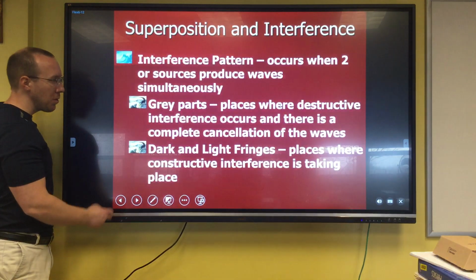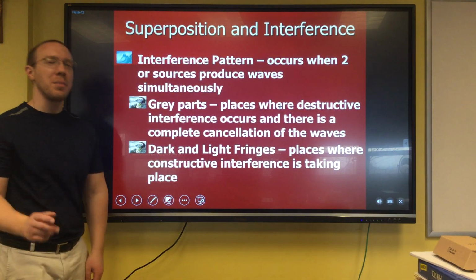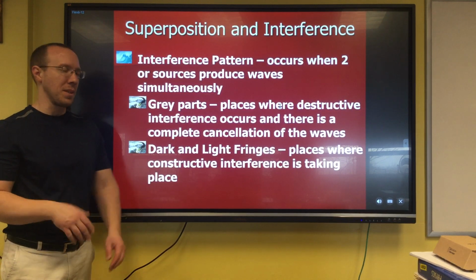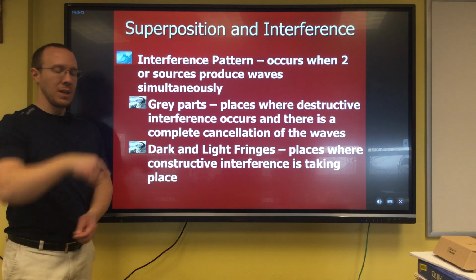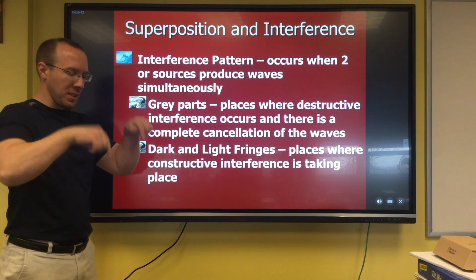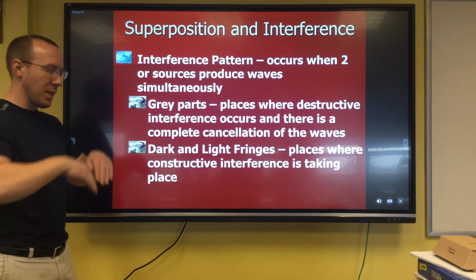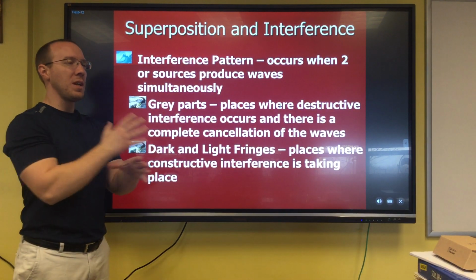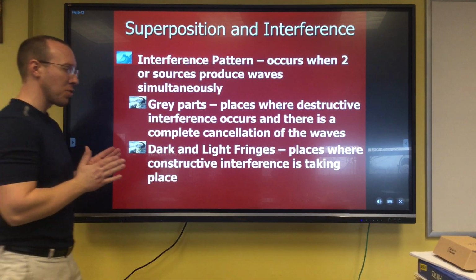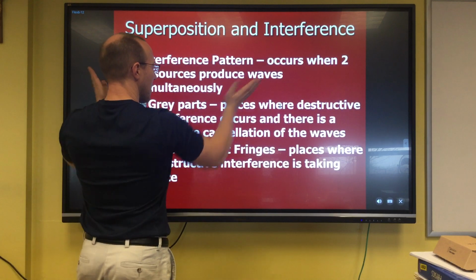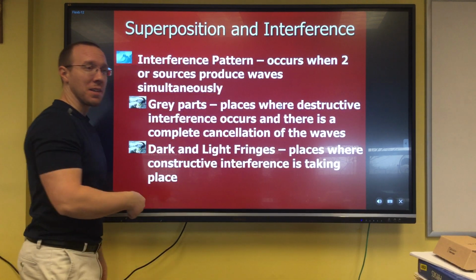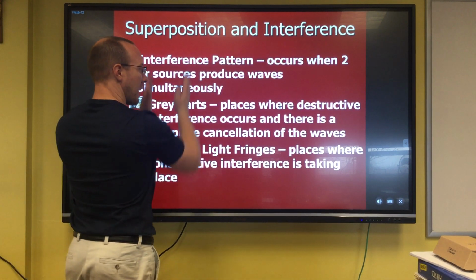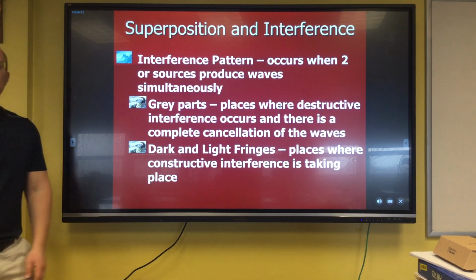All right, interference patterns. If you go to a swimming pool or out to a pond, everybody's throwing a rock into the water, and you see that forms these ripples. Let's imagine we have our fingers and we're making ripples in the water. They're creating these circular patterns. When those waves interact with each other, you see these gray lines that form. You probably could see it at the beginning of the PowerPoint, in the other corner, where they almost look gray. Those are places of destructive interference.